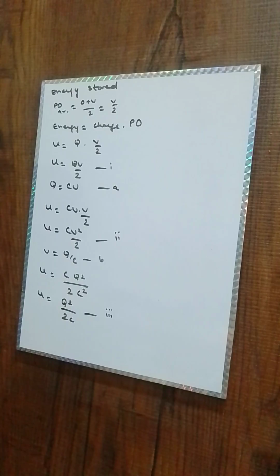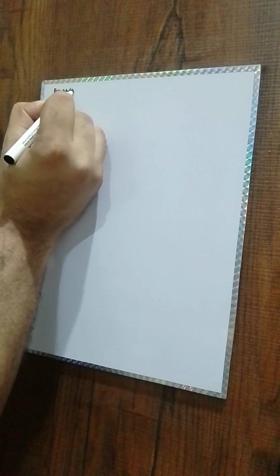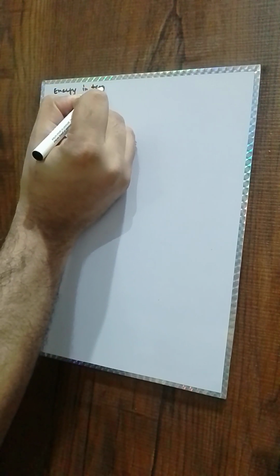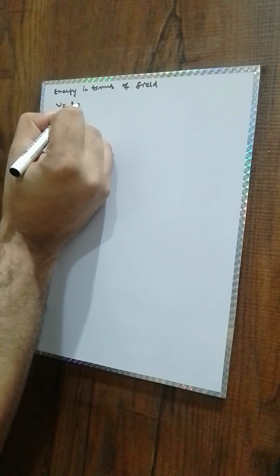So energy in terms of field now. V is equal to ED, electric field into distance, is equal to voltage.